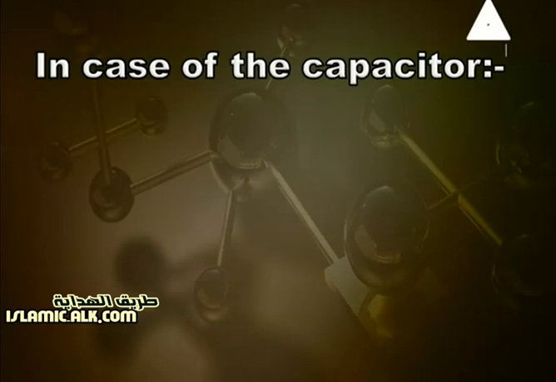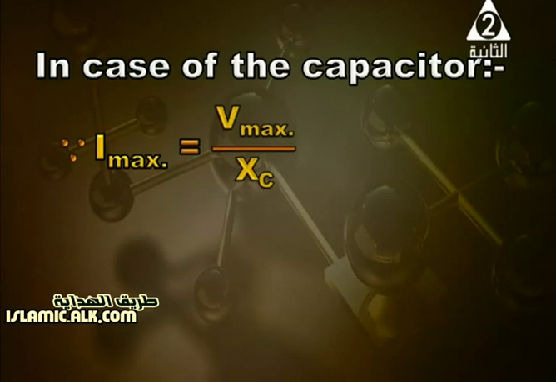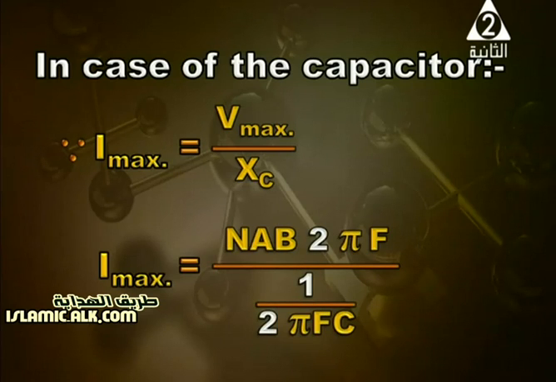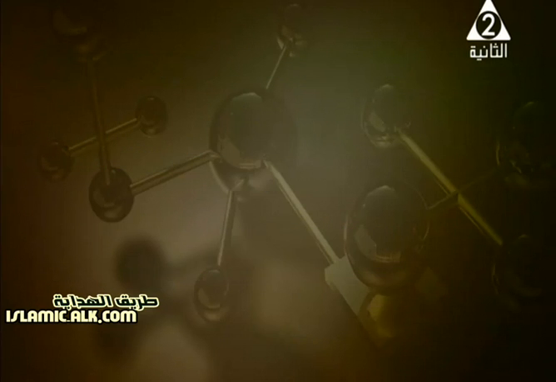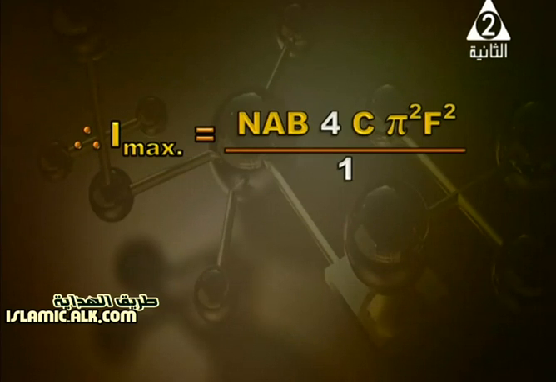And what about the capacitor? In case of the capacitor, maximum current is determined from the relation V maximum over XC. So it is NAB 2 pi F, XC equals 1 over 2 pi FC. So I maximum will be equal to NAB 4C pi squared frequency squared.